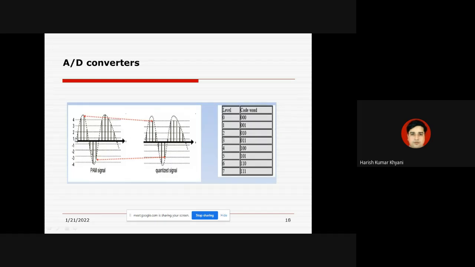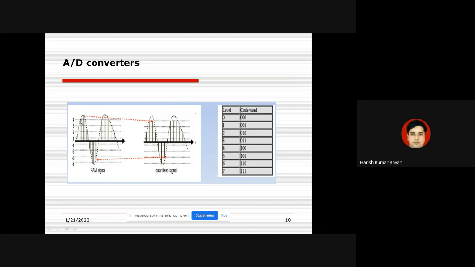Here you can see that this dotted wave is nothing but your analog signal, right? And we have sampled this signal. Sometimes this signal is known as a pulse amplitude signal. In the laboratory section, we have also discussed this part, so again, we are revising this portion. Here you can see that the second sample and third sample are very close to each other, right?